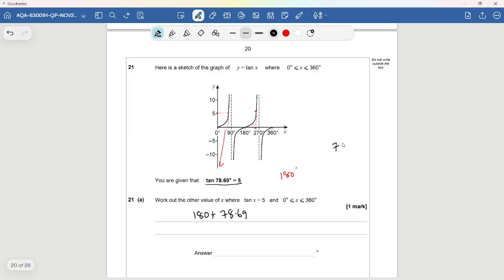So 78.69, you add 180 to it to get 258.69 degrees. So the x value where tan x is again 5 is 258.69 degrees.